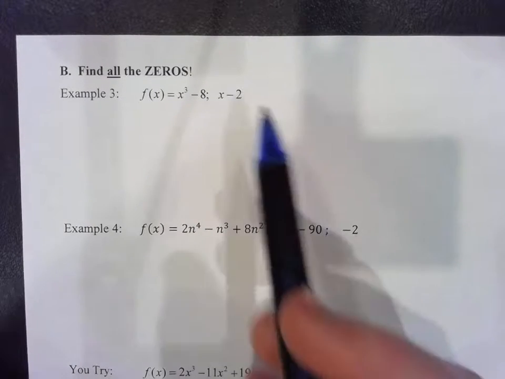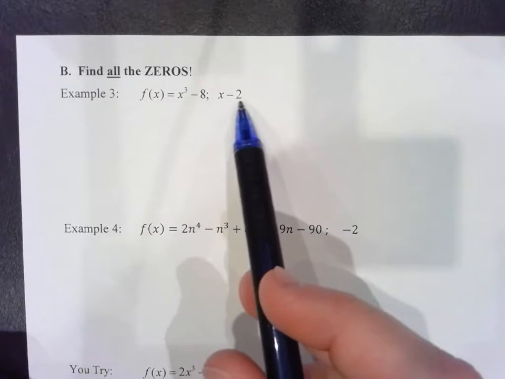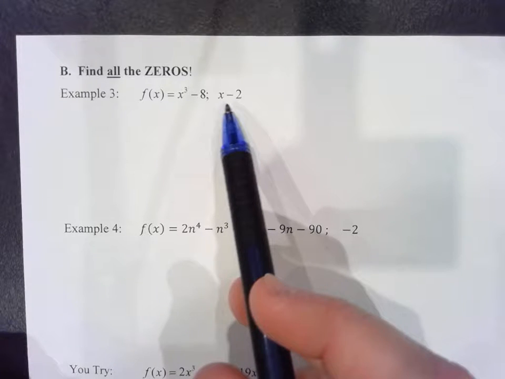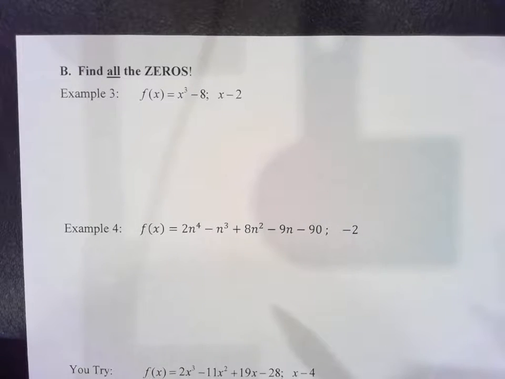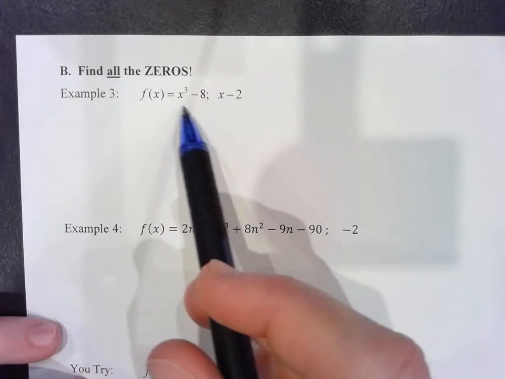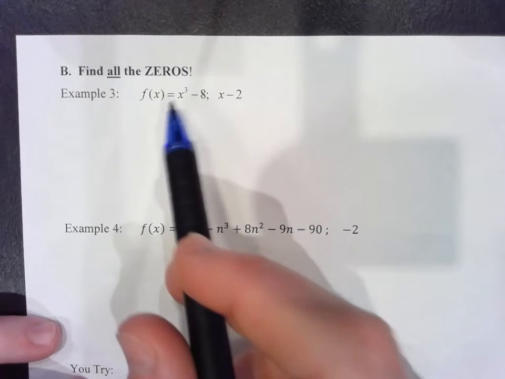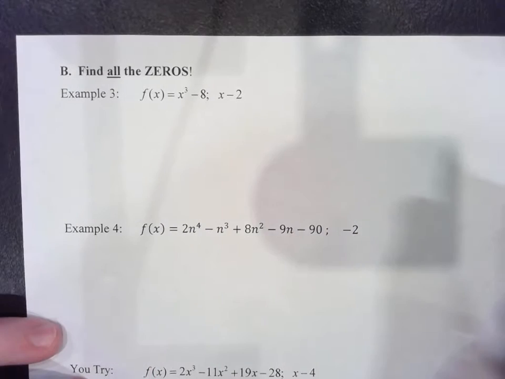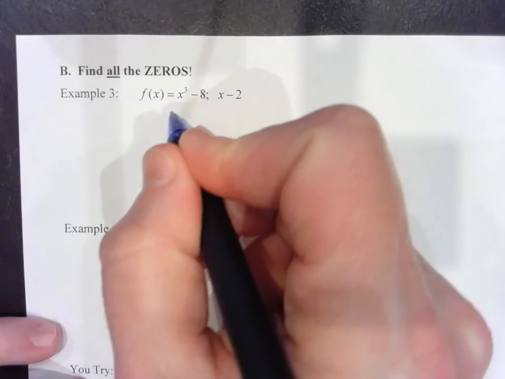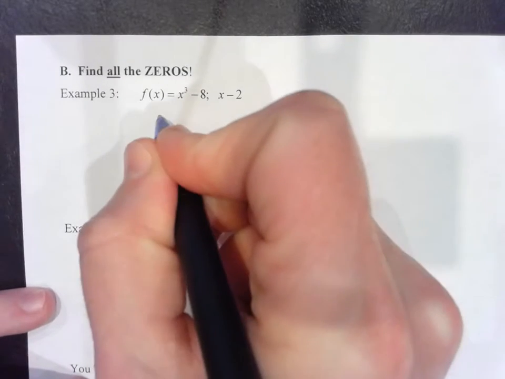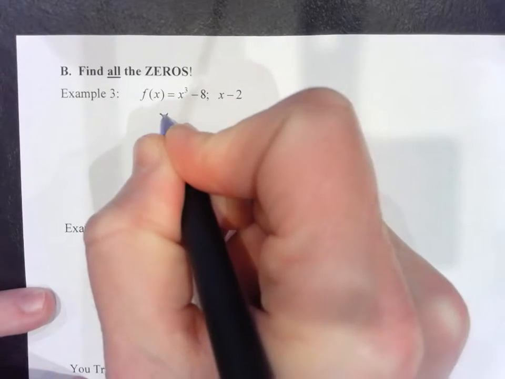So we're given one factor, x minus 2, and we want to use synthetic division to break the original polynomial down into a smaller polynomial. What can we multiply by x minus 2 to get x to the third minus 8? First step is to write our original polynomial with all of its terms.